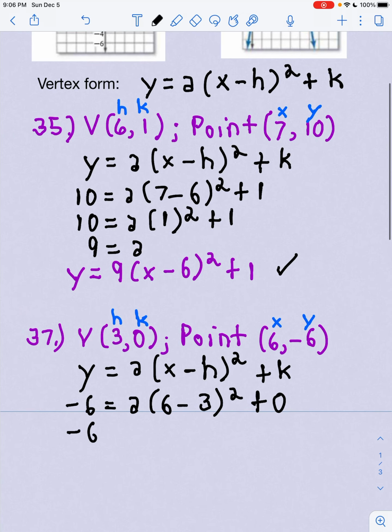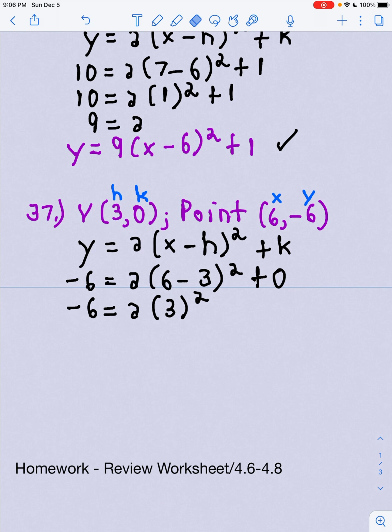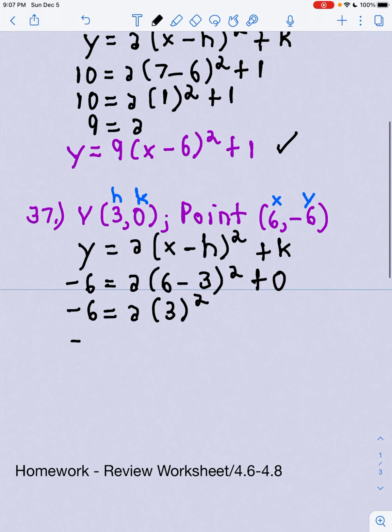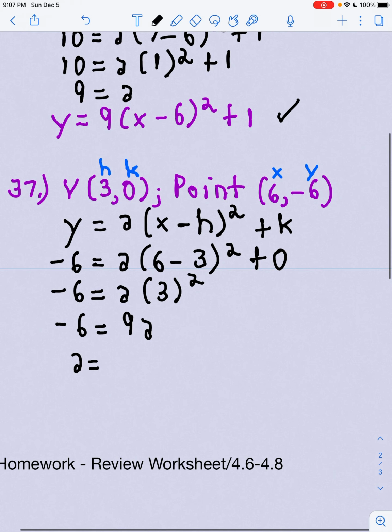So in this case, negative 6 is going to equal a times the quantity 3 squared. Of course, we know that 3 squared is 9, so we have negative 6 equals 9a, which means we have to divide both sides by 9, and that gives us negative 6/9 or negative 2/3 for the value of a.